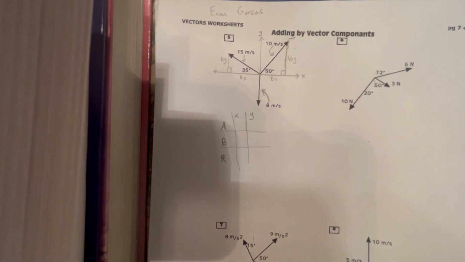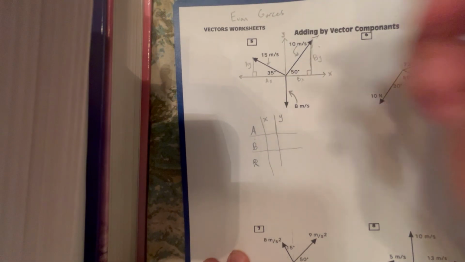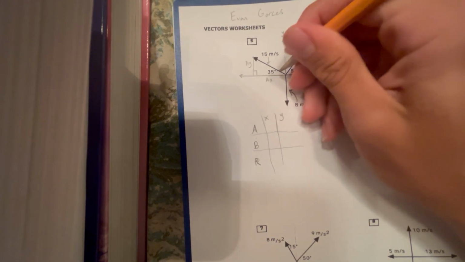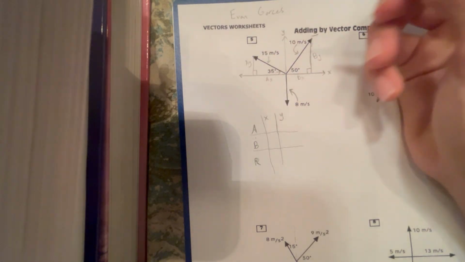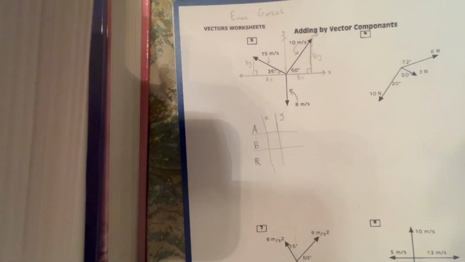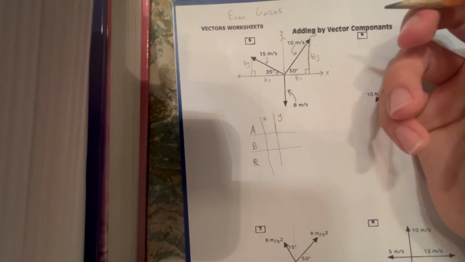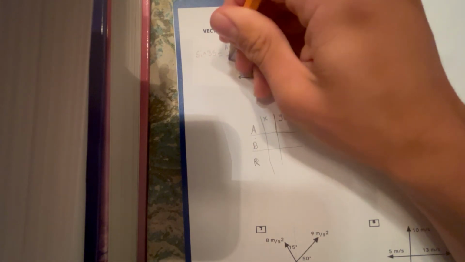Okay. So now, in order to get A of Y, we have to use SOHCAHTOA. Across from the 35-degree angle, which is right here, is A of Y, and the hypotenuse is 15. So we're going to use sine, because opposite over hypotenuse is sine. So sine of 35 is equal to A of Y over 15.